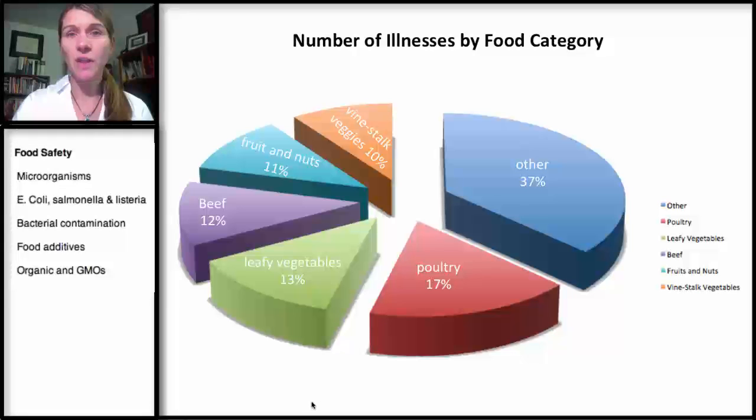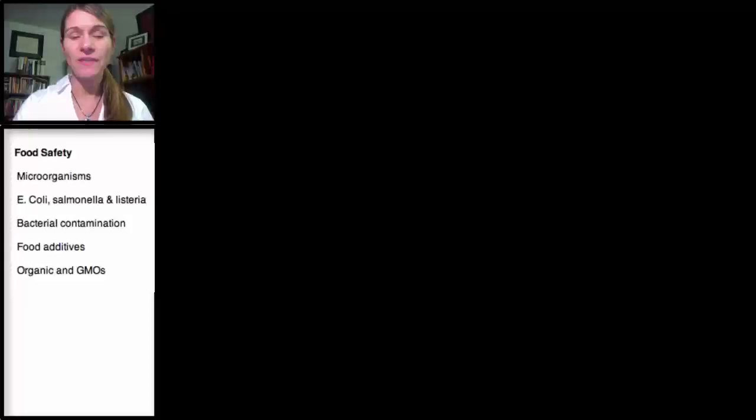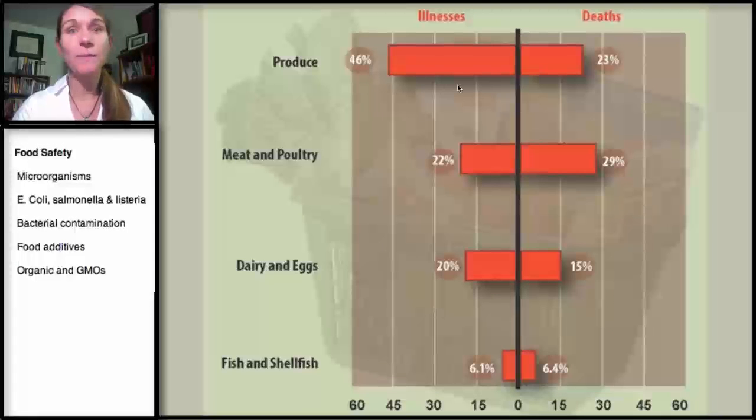If we take a look and lump some of these together, like our produce, we find that this information from the CDC, from 1998 to 2008, shows produce caused 46% of the illnesses and 23% of all deaths that occurred during those years.